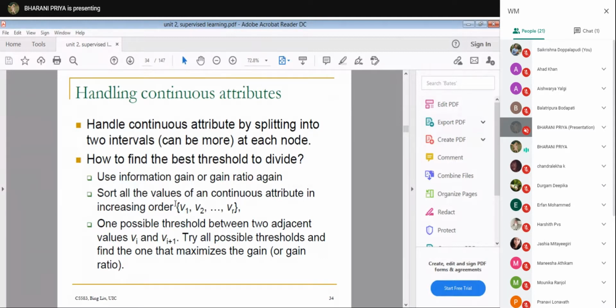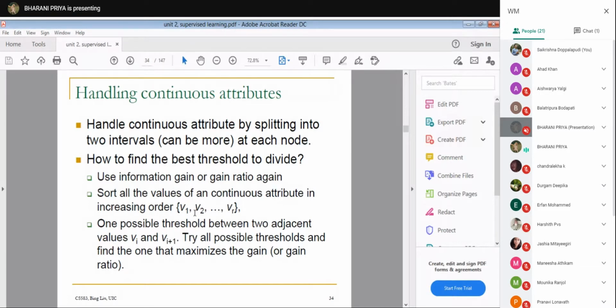To decide this, first of all, sort all the values of the continuous attribute in increasing order. Then you decide on two adjacent values. For example, I have taken the value v2: up to v2 is one set, and from v2 plus 1 to vr is another set.